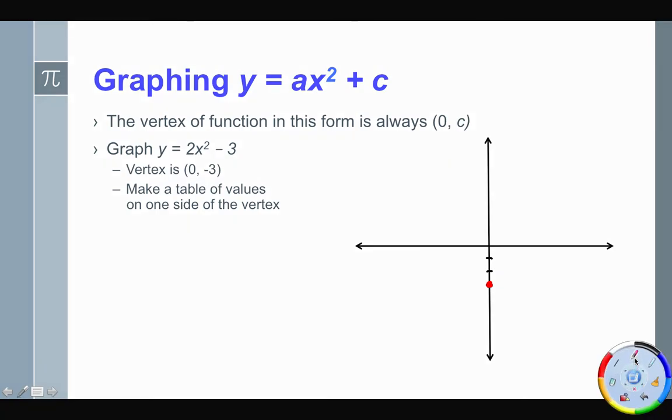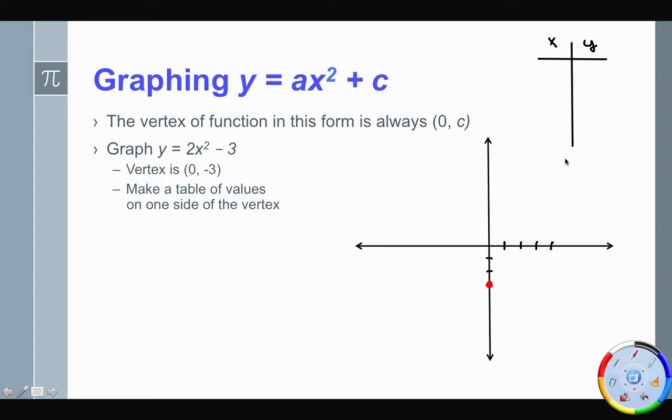We are going to create a table, and I'm just going to do this up here where I have a little extra room. I'm going to choose values of x to find values of y. Now, you will not always have to do the table of values, but for right now, this is really the best way for us to learn how to do this.